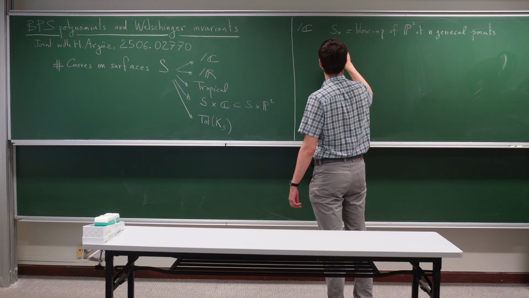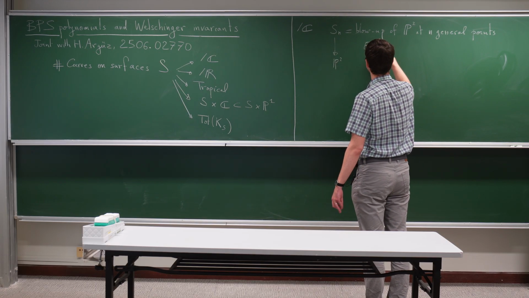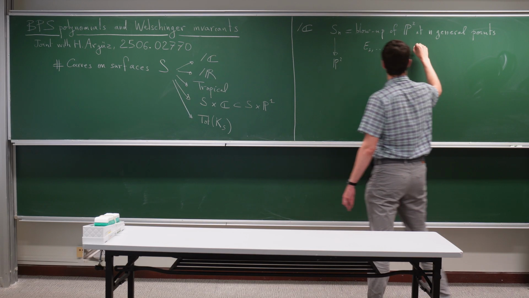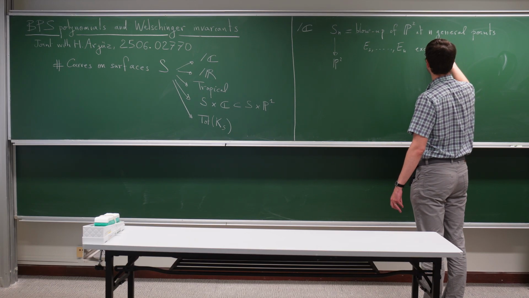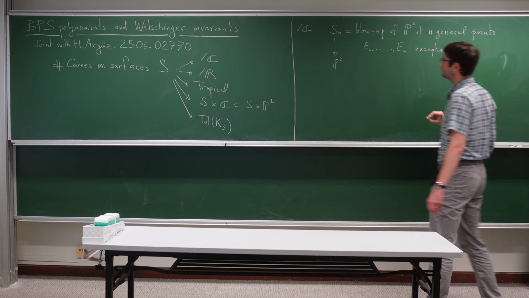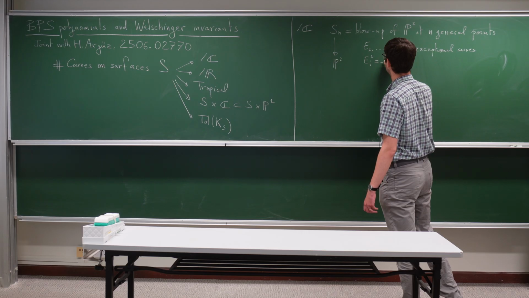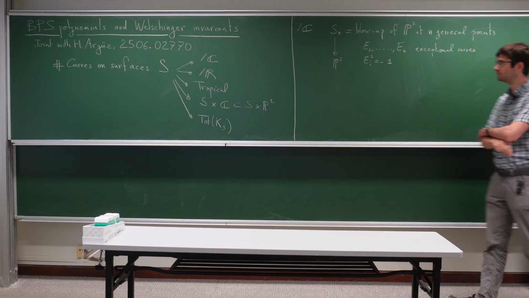So I have a blow-up map to P2, and I will denote by E1 to En the exceptional curves. So they are all -1 curves, which are created by the blow-up.